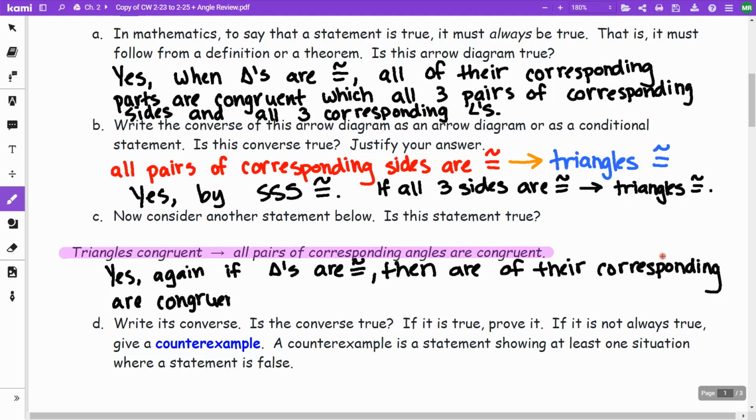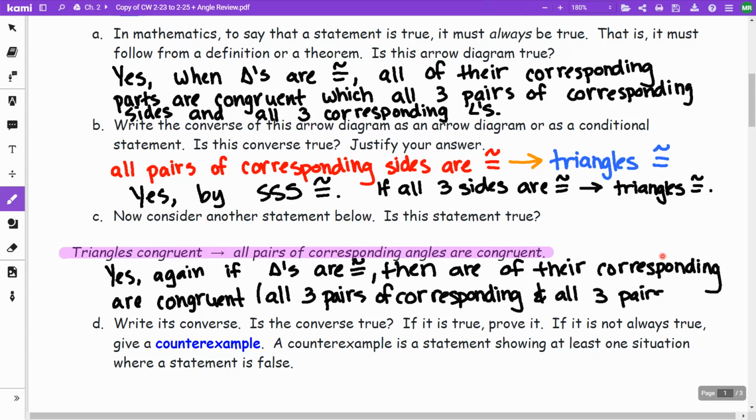And that means all three pairs of corresponding sides, which we're not caring about in this situation, we did in the first one, and all three pairs of corresponding angles. That's what we care about.